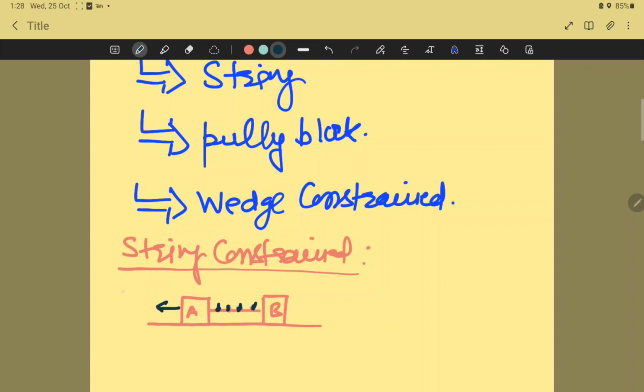Let's say block A is moving with 5 meter per second, so 5 meter per second transfers to every point. So each and every point is supposed to be moving with the same velocity.